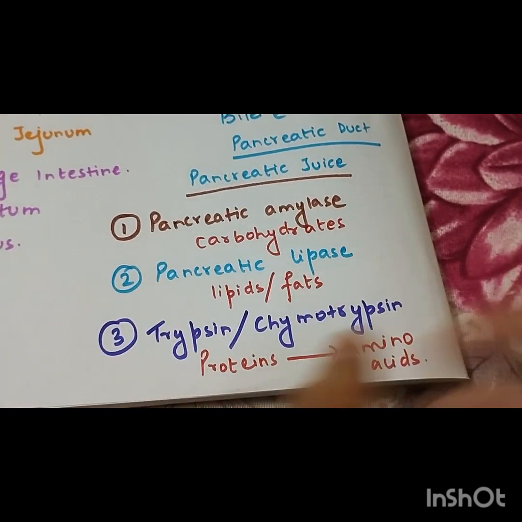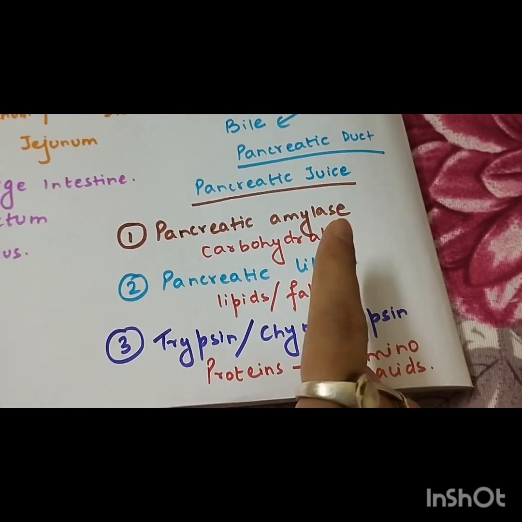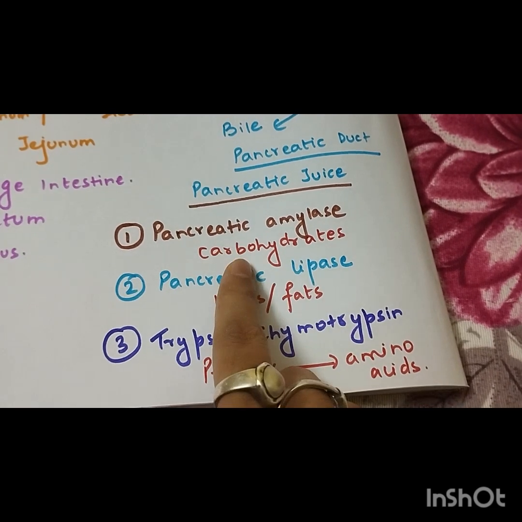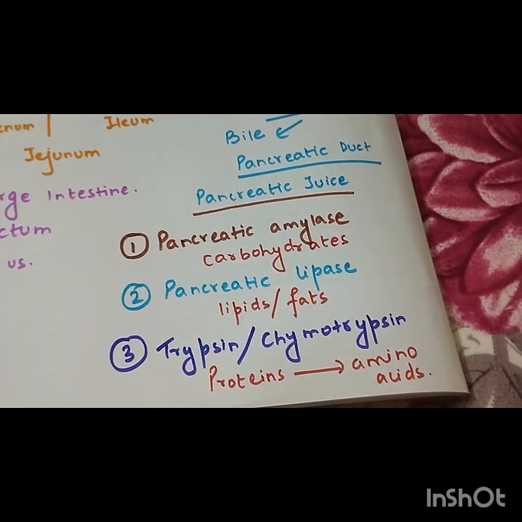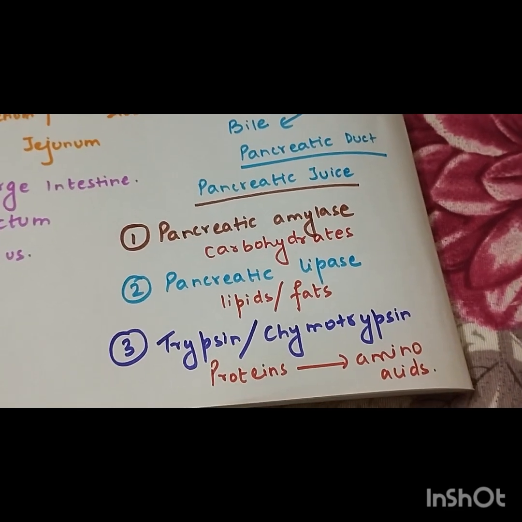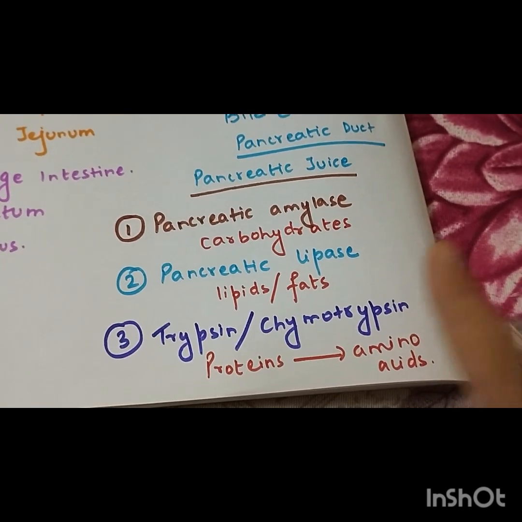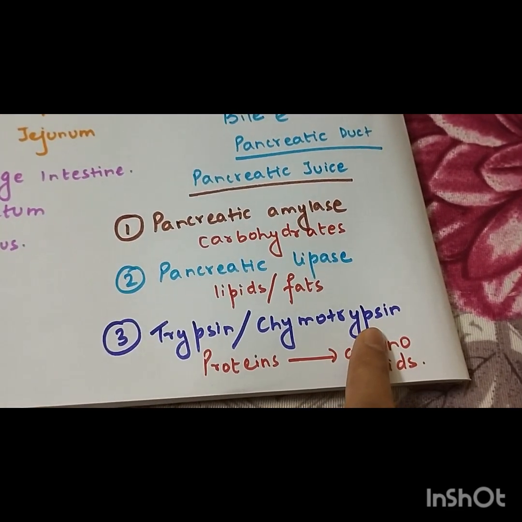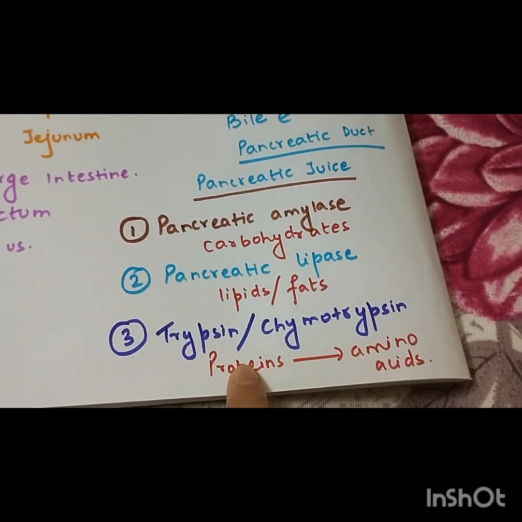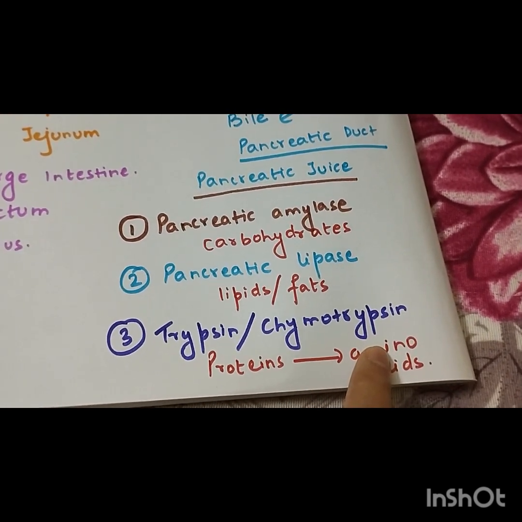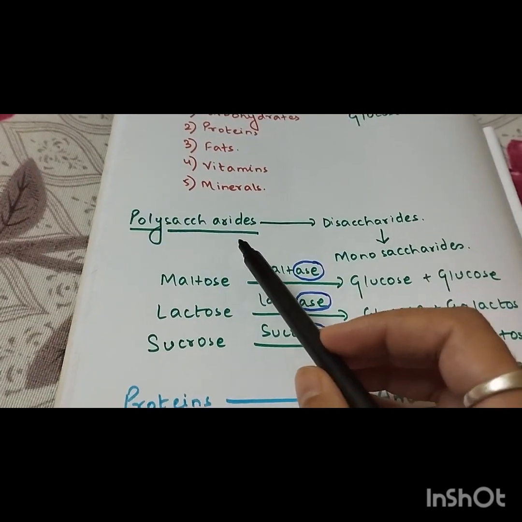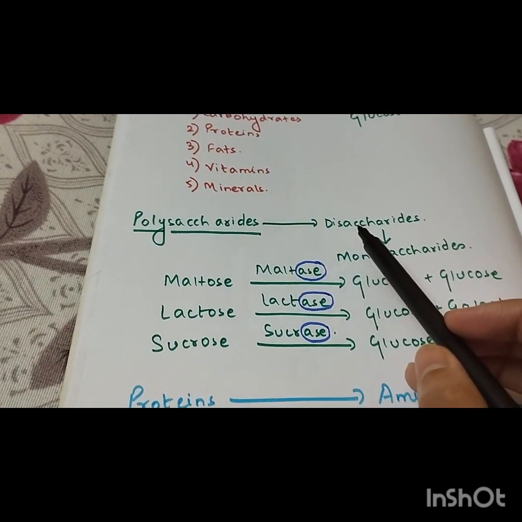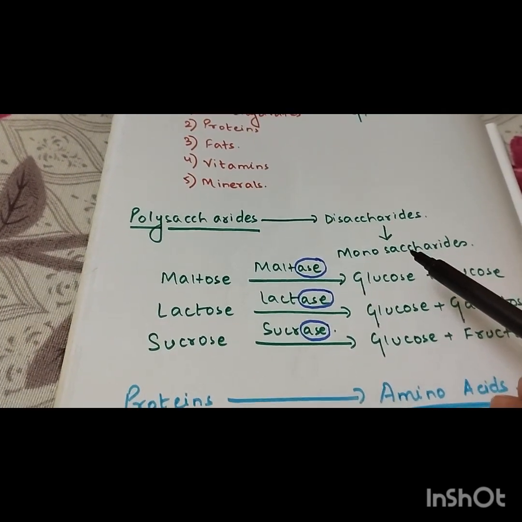So mainly we have three enzymes: pancreatic amylase that helps in the breakdown of carbohydrates, pancreatic lipase that helps in the breakdown of lipids or fats, and trypsin or chymotrypsin that helps in the breakdown of proteins into amino acids. Like we were discussing earlier, polysaccharides are broken down into disaccharides and from there to monosaccharides.